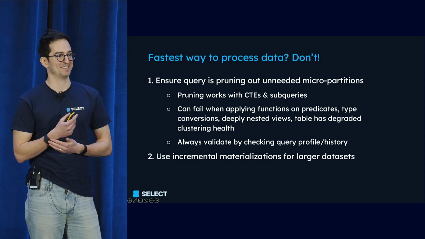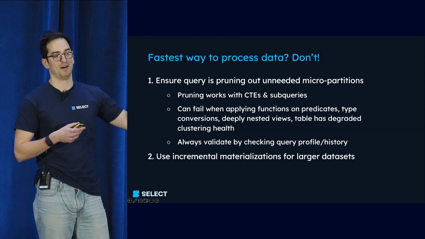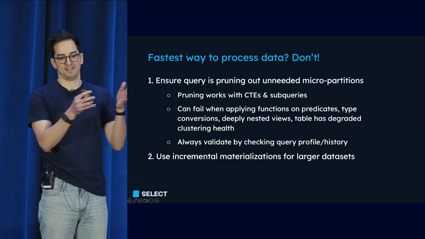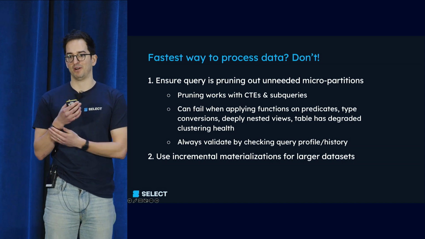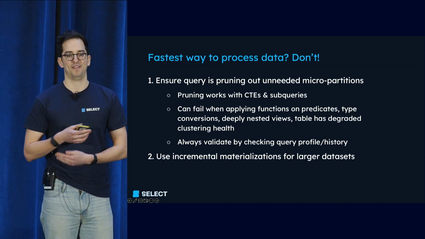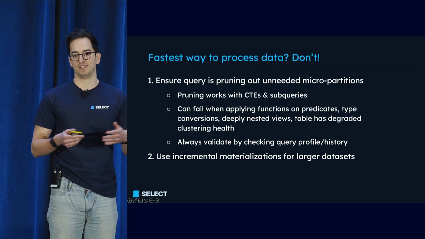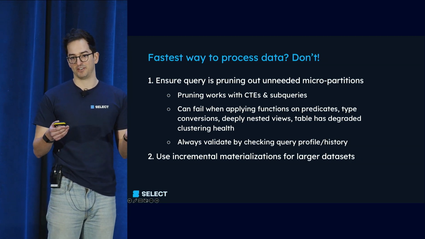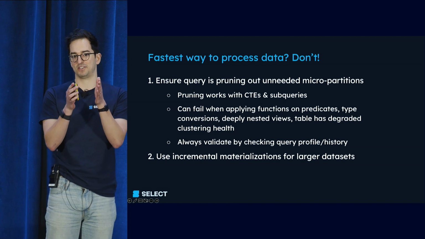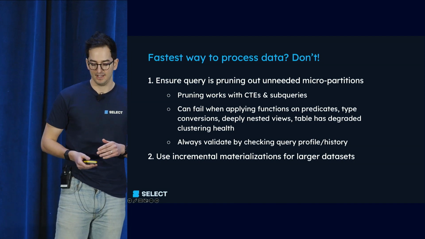I don't know if Whoop is using Snowflake, but it emits data up into some data warehouse. Normally that data arrives the day it's emitted, but there could be scenarios where my device goes offline for a week and then it comes back on. And now all of a sudden we have all of this old data being mixed with new data. That could hurt your clustering health because those micropartitions now have a mix of old and new data.